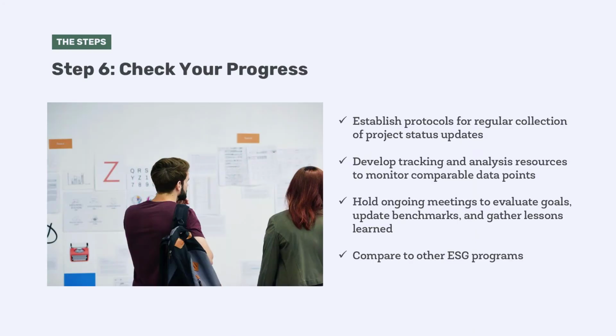The sixth step is check your progress. As you see here, you're going back to the goals you set in step 1. You establish good, sound protocols for regular collection of data on all of the different initiatives you have in play.